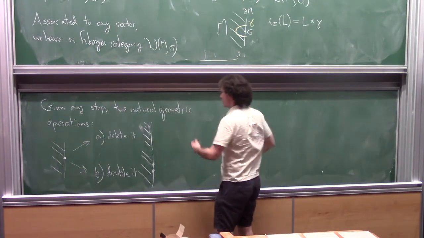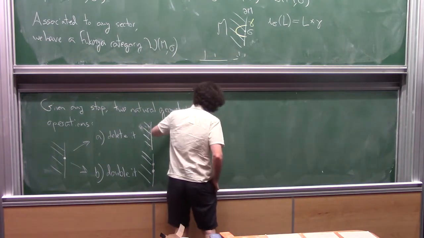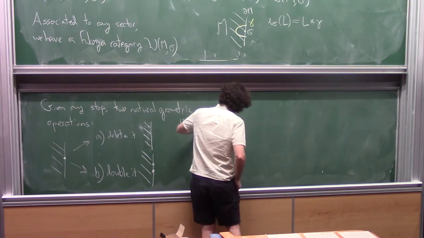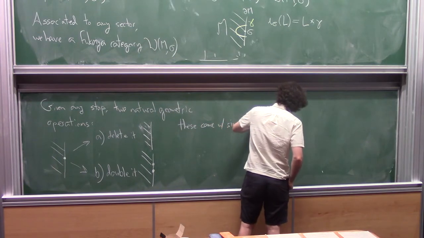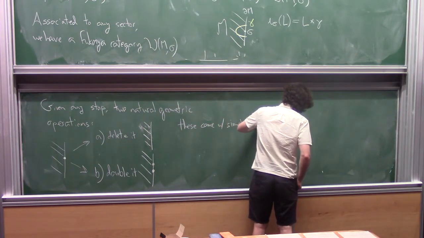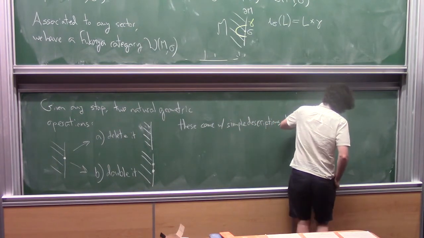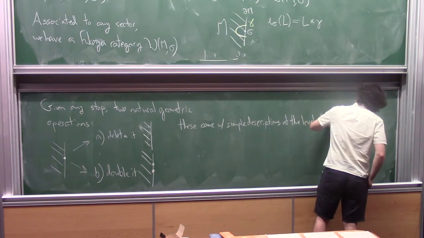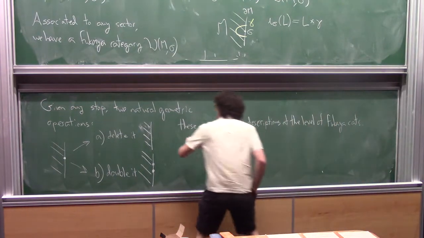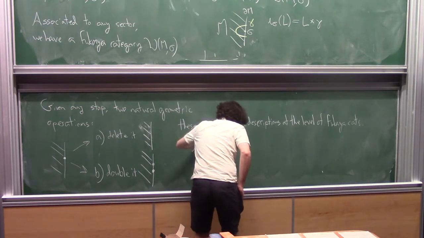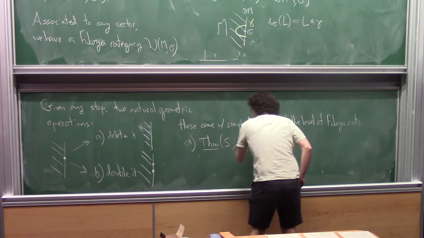But the nice thing is that these come with particularly simple descriptions at the level of Fukaya categories, in two versions essentially.